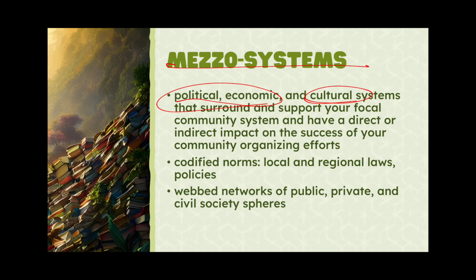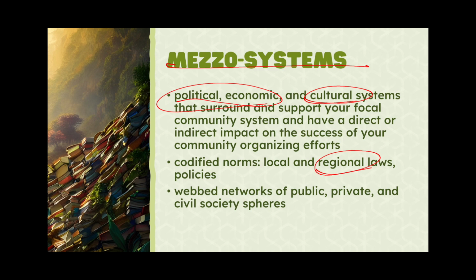I put here a little bit of regional and national laws because there are national laws that have local effect. Like for example, the BARMM, the Bangsamoro Autonomous Region, right? There are national laws that are related to BARMM, but the effect is only local. But again, when you talk about mezzo systems, it's really local or regional, particular to that focal community of interest.